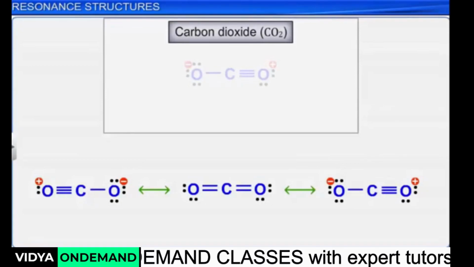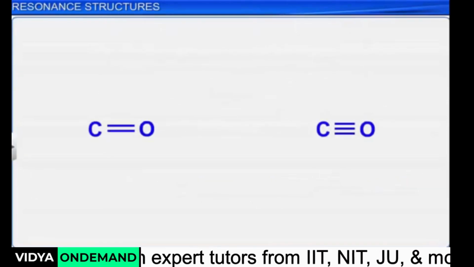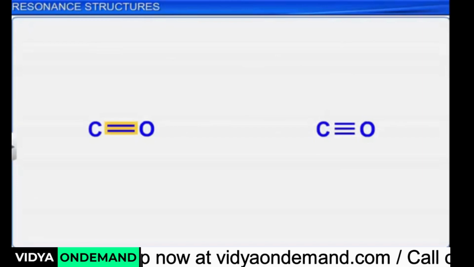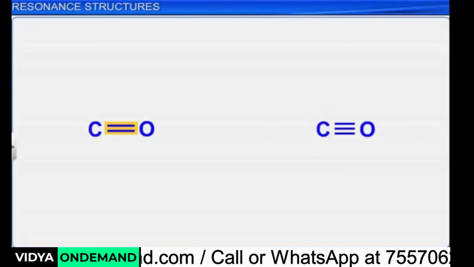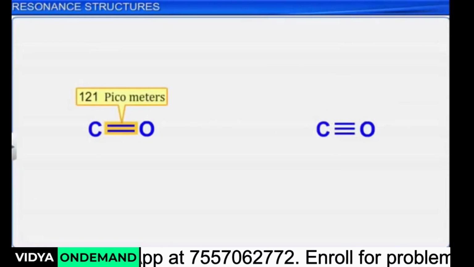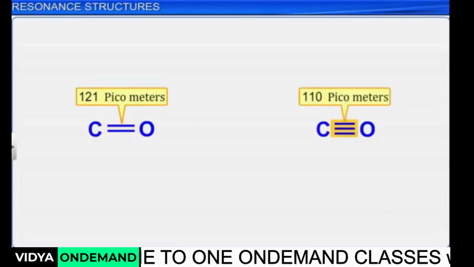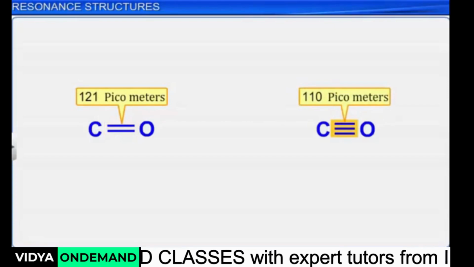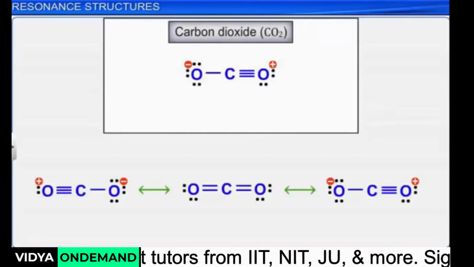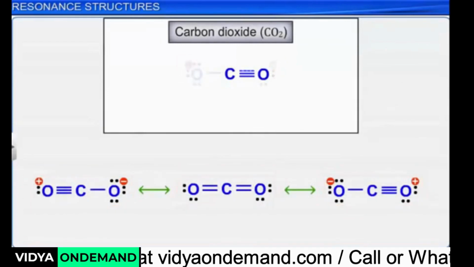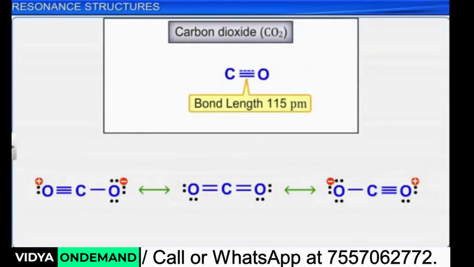The magnitude of this bond length is found to be intermediate between the bond lengths of a normal carbon-to-oxygen double bond, which is 121 picometers, and a carbon-to-oxygen triple bond, which is 110 picometers. Hence, the resonance hybrid of these structures, as shown here, explains the experimentally determined bond length.